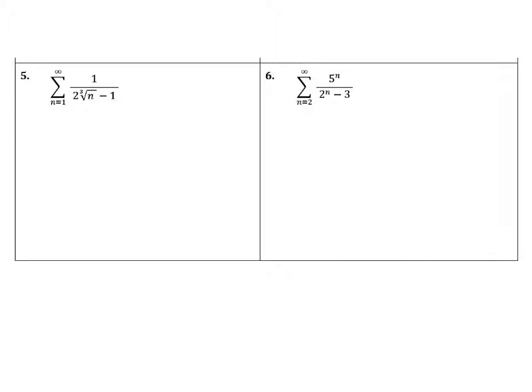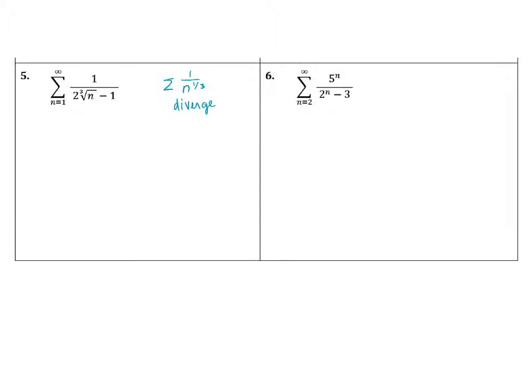For this next one, it is tempting to do a direct comparison to the series 1 over n to the 1/3, and we know that's going to diverge by the p-series.